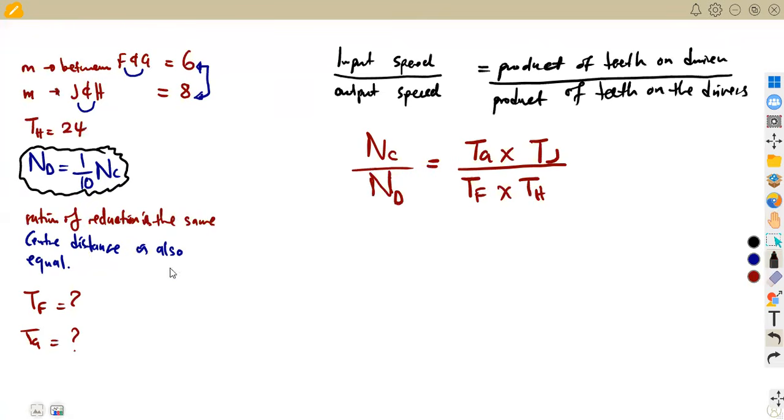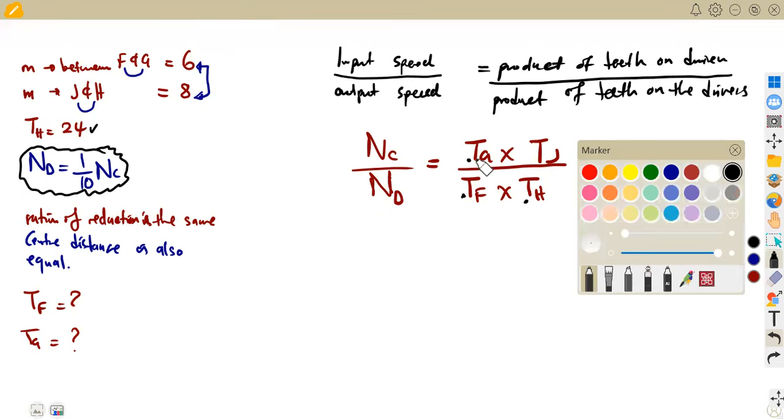But remember, the question is to find TF or TG. We do not have TJ. We have TH, but TJ we do not have. So we are going to consider formulating equations here. How are we going to formulate our equations? Let us consider the first thing that we are having here.